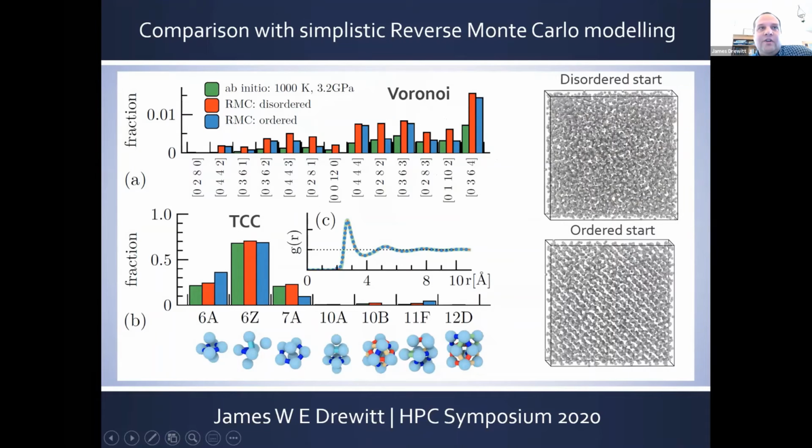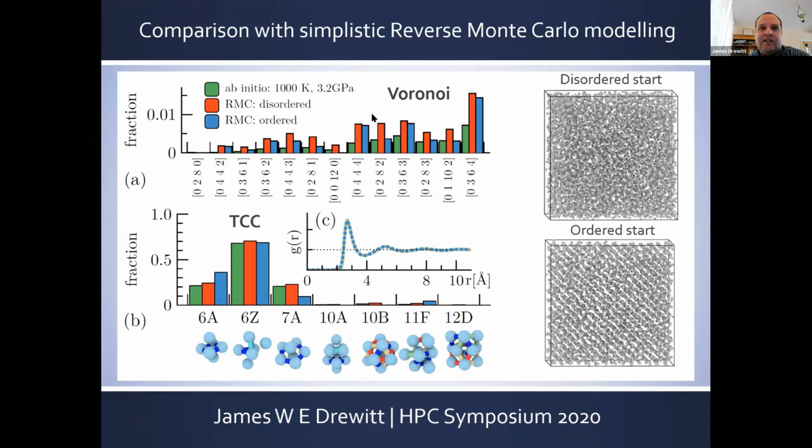And this method finds a model of the atomistic structure by moving atoms randomly and then minimizing the difference between this model and some experimental data. However, by using our ab initio results for comparison, we find this naive RMC approach can be severely misleading.